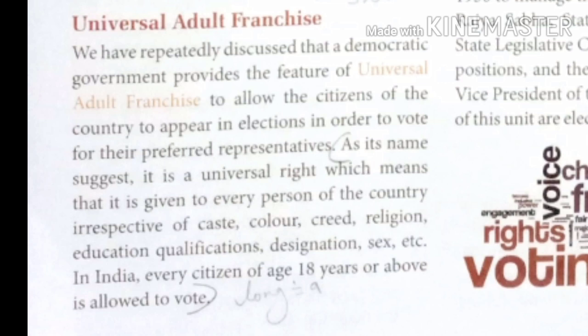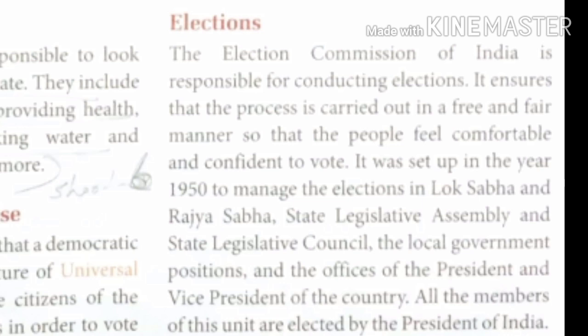As its name suggests, it is a universal right, given to every person of the country, irrespective of caste, color, creed, religion, education, qualification, designation, sex, etc. In India, every citizen of age 18 years or above is allowed to vote.